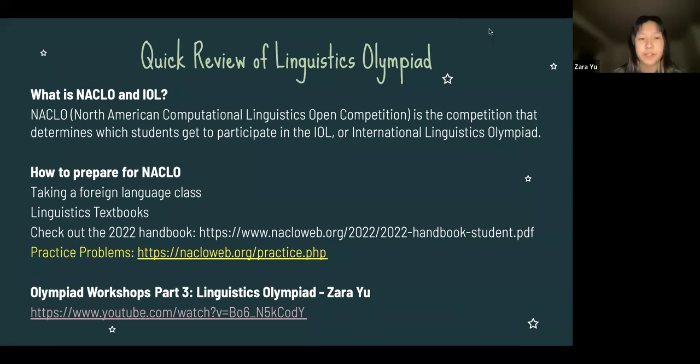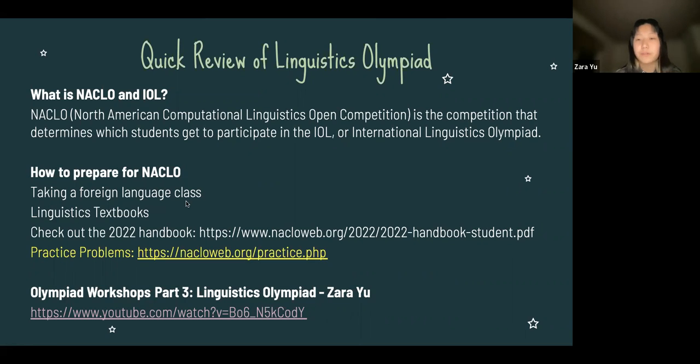So how to prepare for NACLO? The first step you can do is take a foreign language class that is offered in your school, like Spanish or French. This can help prepare you for the differences between our language and languages in other countries, so you can get familiar with this concept. The next thing you could do is read some linguistics textbooks.